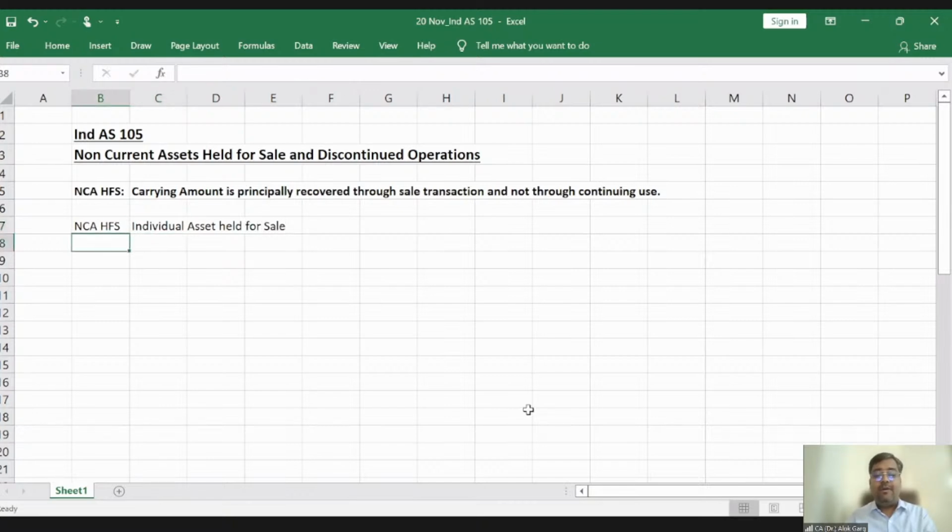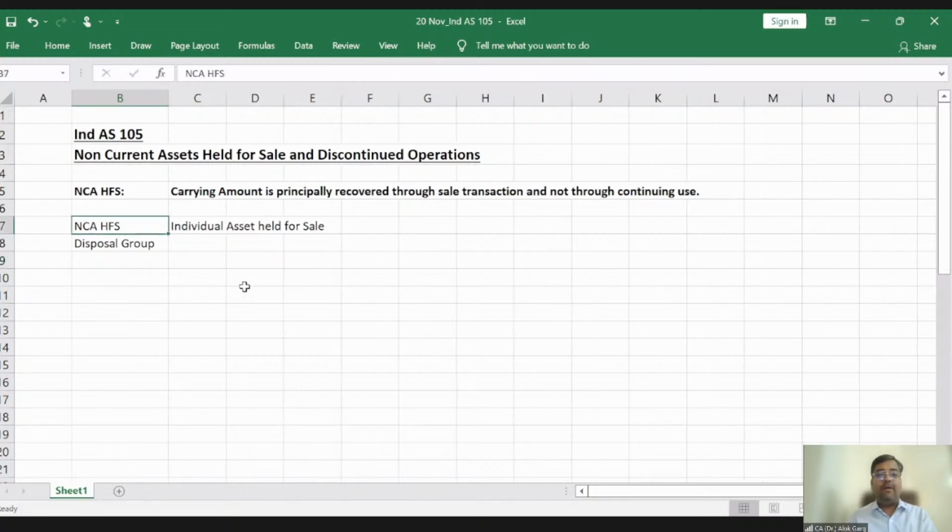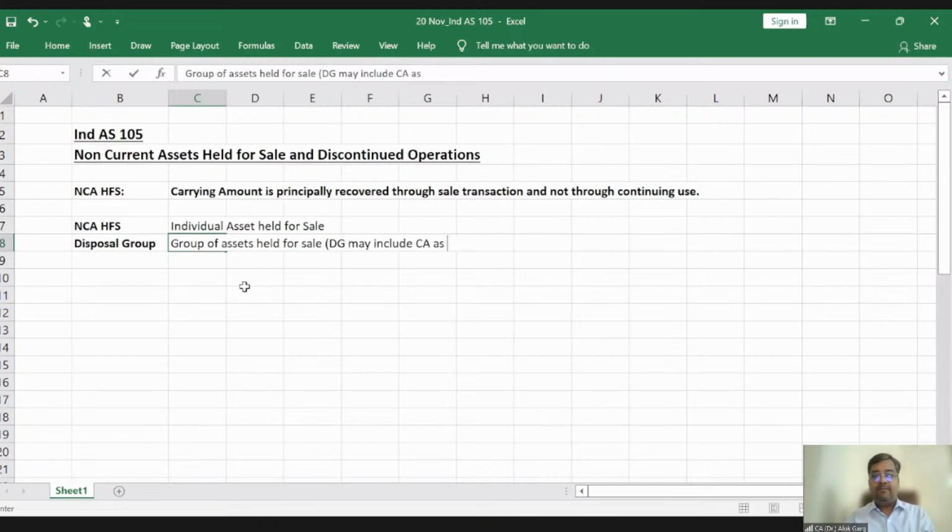Then we will be talking about disposal group, DG, which is disposal group held for sale, a group of assets held for sale, right? And this group of assets may include current assets as well.